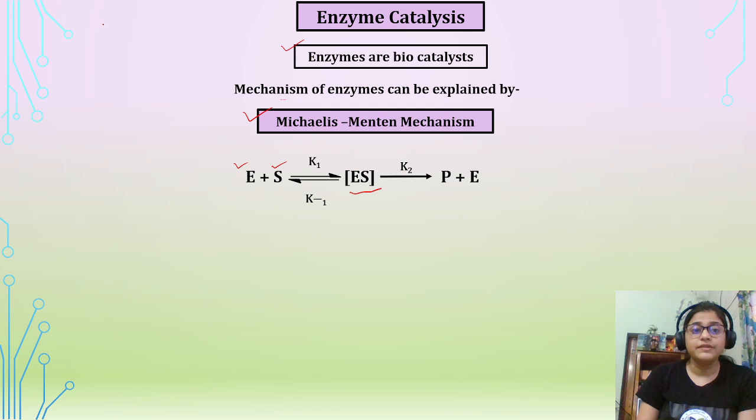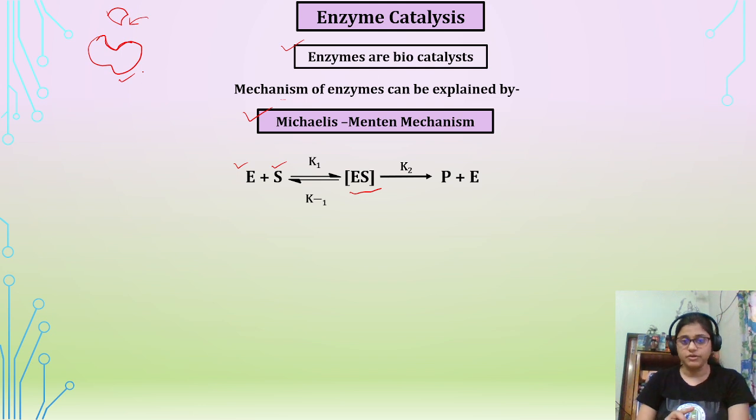In the biochemistry portion also we have seen that enzymes have some active sites. Let's say this is the enzyme and it has active sites like this, and a shape matching occurs here. A particular kind of substrate of a particular shape can attach with this enzyme.